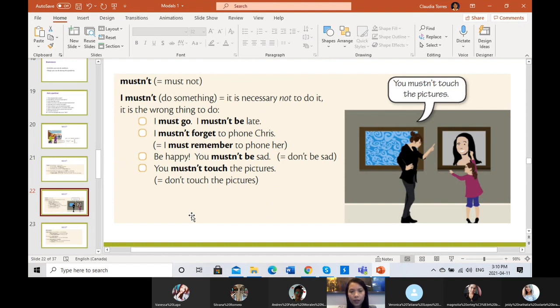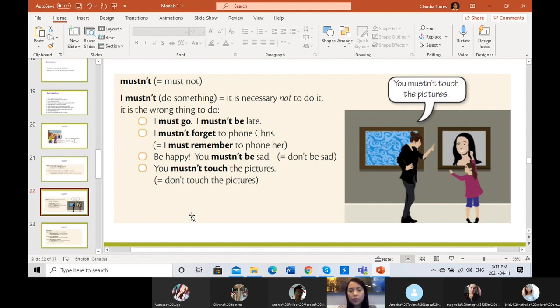Okay, and then you have I mustn't go, okay? I mustn't be late. And again, we have the base form of the verb, which is be.